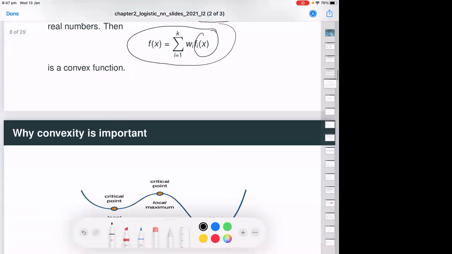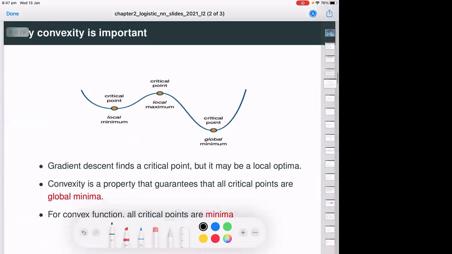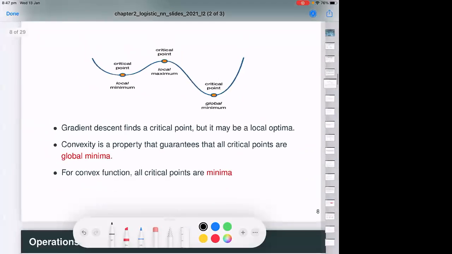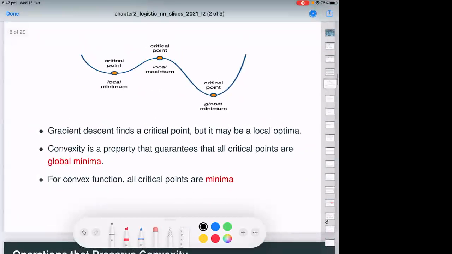Okay, why is convexity important? Convexity is important because for your convex function, your critical points are minima. So we guarantee that you get your global minimum. Okay?